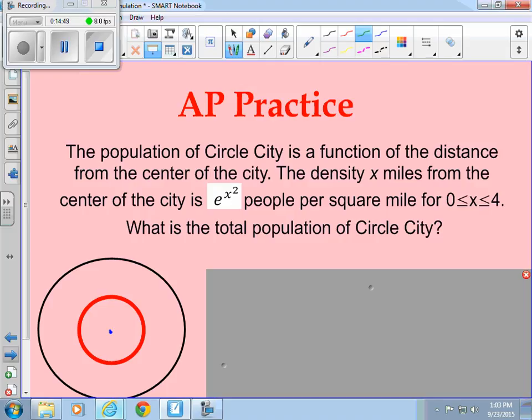Okay, I do hear integral, and I think that is a good idea. I know the integral part is right. You're probably missing something, but the integral part is right. So the e to the x squared is the people per square mile, right? X units away from the center.